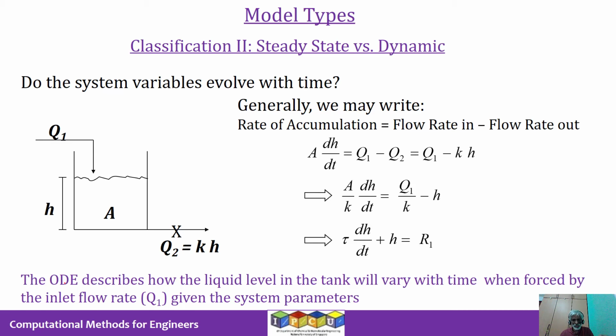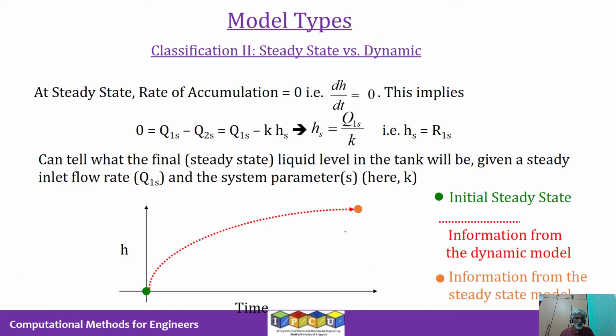At steady state, by definition, nothing changes with respect to time. Therefore, dH by dt goes to 0, right? dH by dt is equal to 0 at steady state. So when you assume steady state, you are saying basically any variable does not change with respect to time.